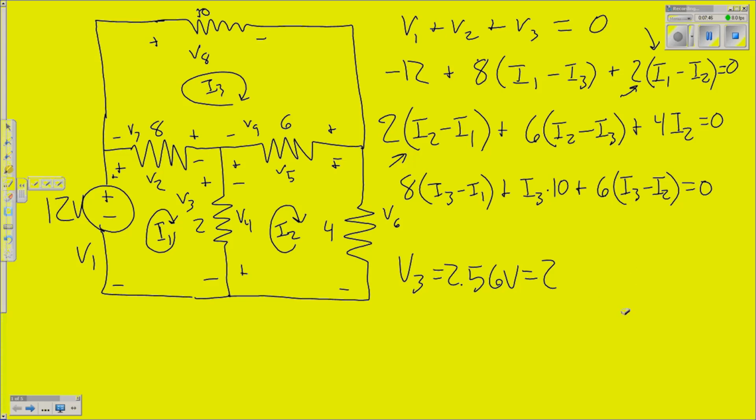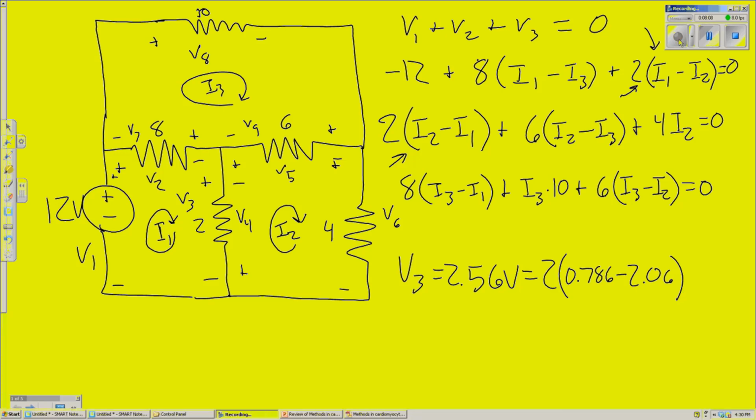2 times the difference between 0.786 minus 2.06. Remember, this is amps, because we're getting a voltage. 2 ohms times this difference in amps.